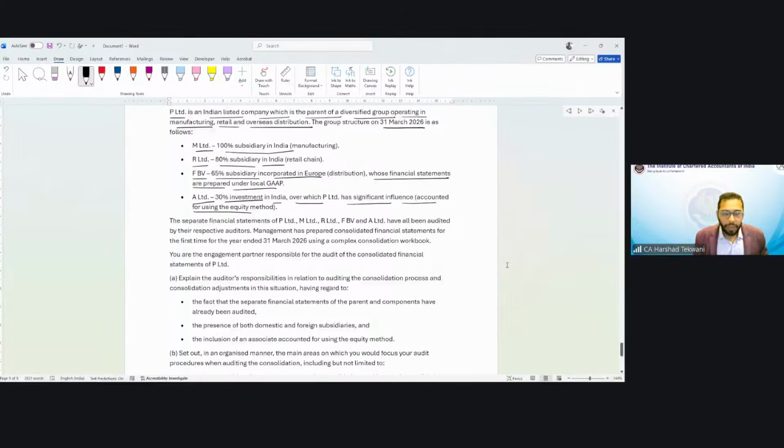Now the separate financial statements of P, M, R, F and A Limited have been audited by their respective auditors. That means they have separate auditors.